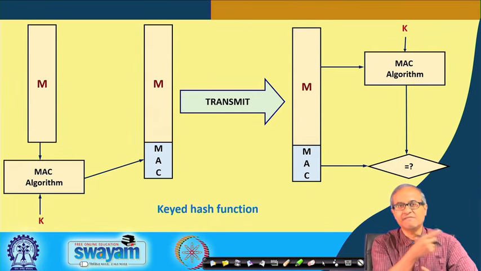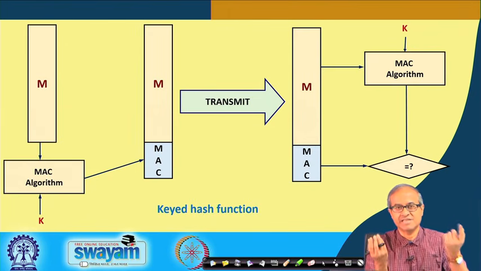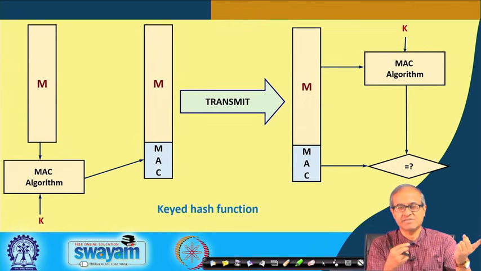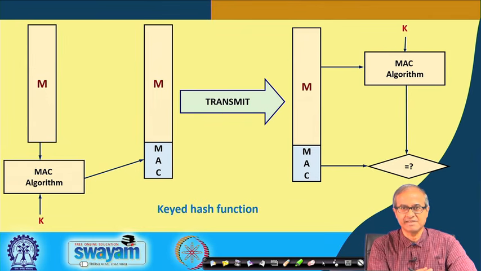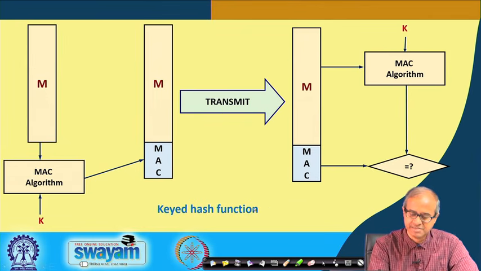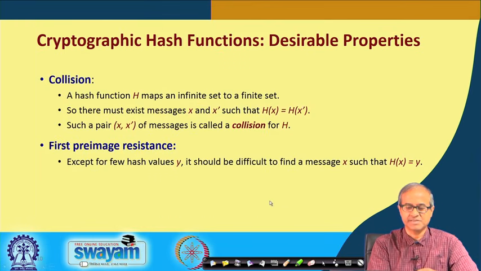You can identify the sender also, because if you are using the same key, that means the same secret key is also with that sender, so it must be that sender sending it. So, this is keyed hash function.